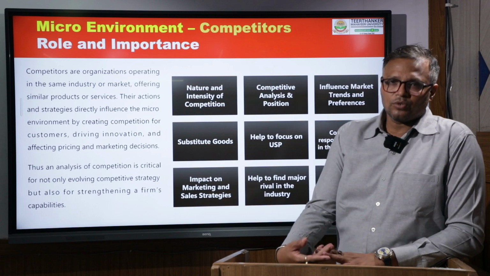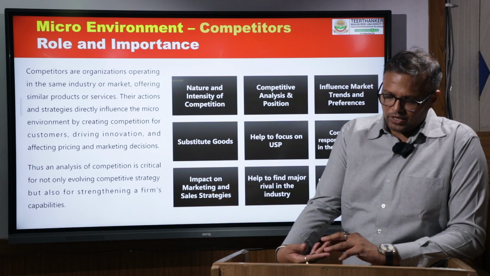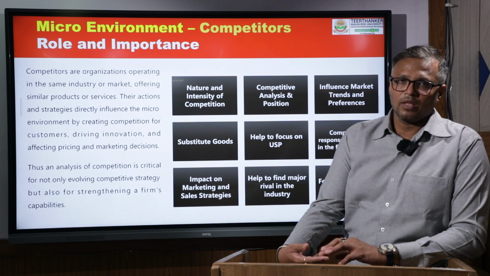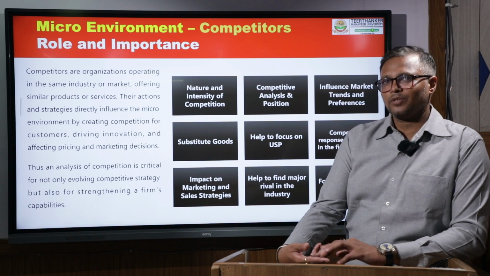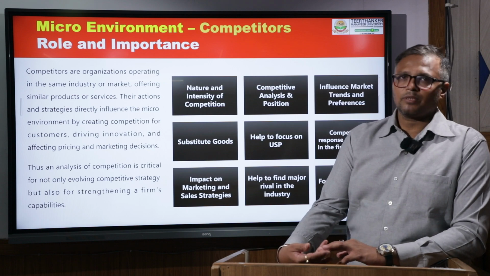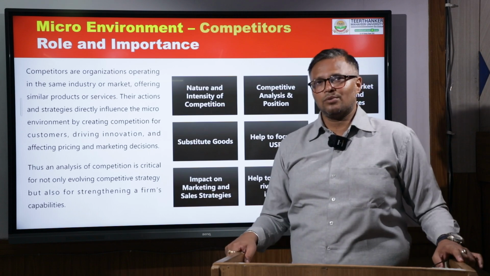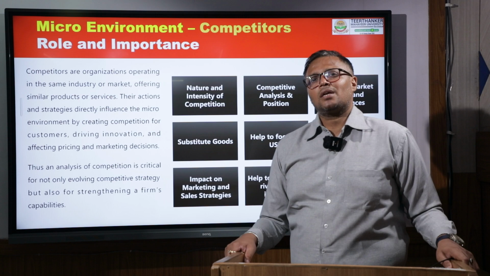Now, the role of substitute goods. Substitutes are those things which, for example, tea and coffee. If I do not have tea, I can look for coffee. Similarly, cold drinks and shakes can be substitutes. Diesel and petrol may be substitutes. Pen and pencil can be substitutes. Those substitute goods again control the market a lot.